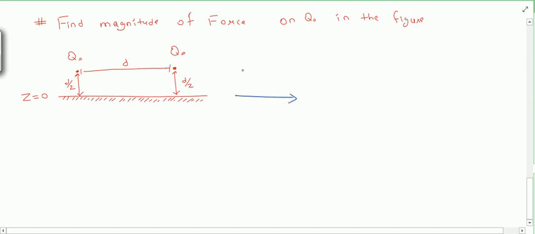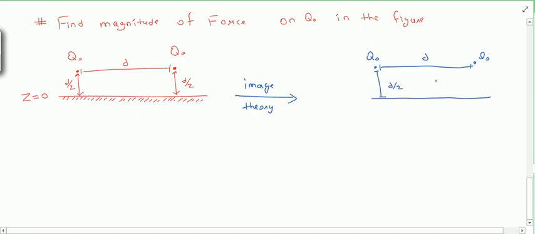We can make an equivalent charge diagram of this by using image theory. This conducting surface will be replaced by an equipotential surface, and here a charge q naught is placed. Here another charge q naught is placed. The distance between them is d and this distance is d by 2.